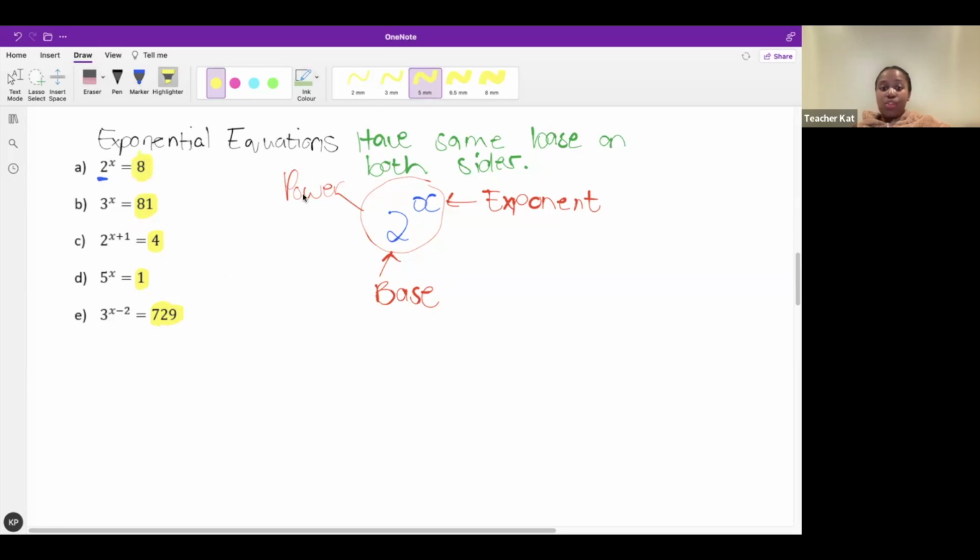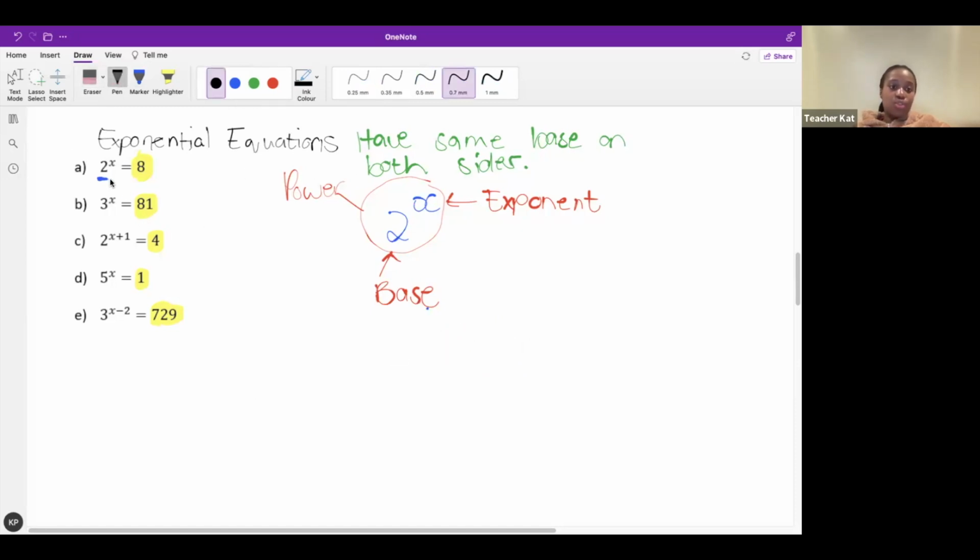Another thing I need to say, before we say we want the same base, you must make sure there is nothing else around your x. So if I have 2 to the power of x plus 1 times 4, first get rid of these guys. You want 2 to the power of x to be alone. Once that is the case, then you can change the other side to have a base of 2.